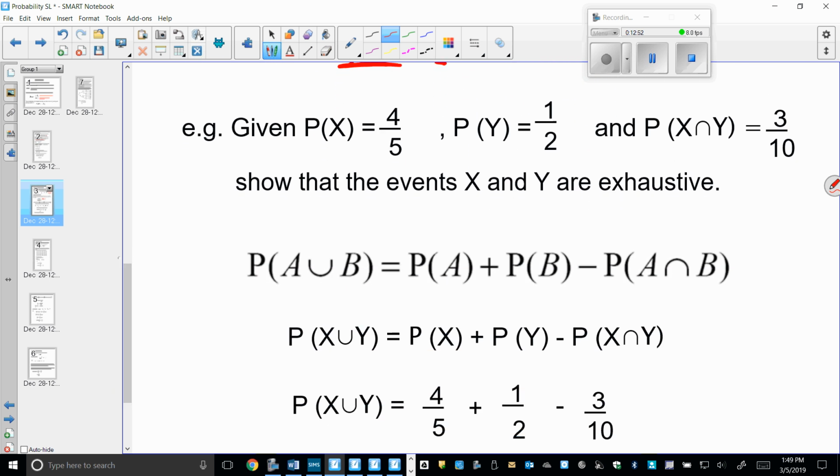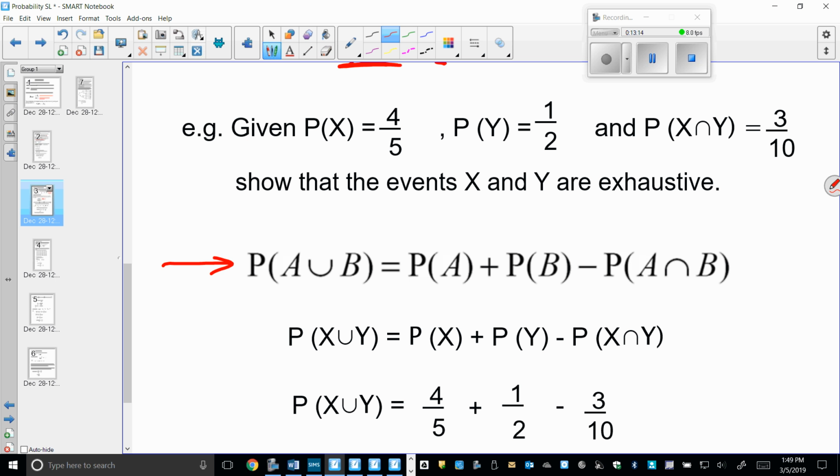Right, here's some information. We've been told that the probability of X happening is 4/5, the probability of Y is 1/2, and the probability of the intersection is 2/10. Show that the events X and Y are exhaustive. Alright, so we get given this formula.